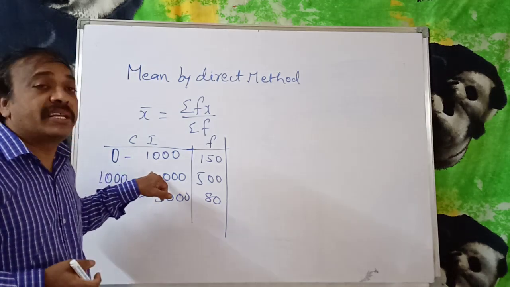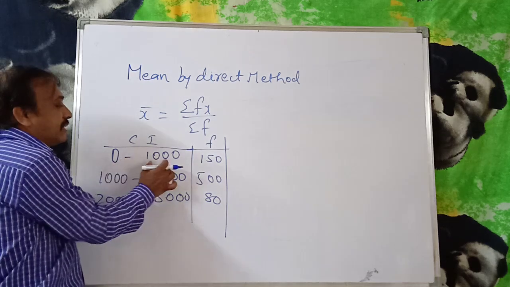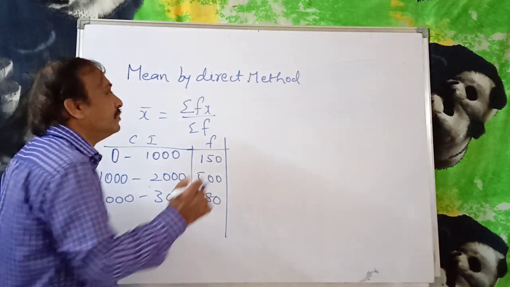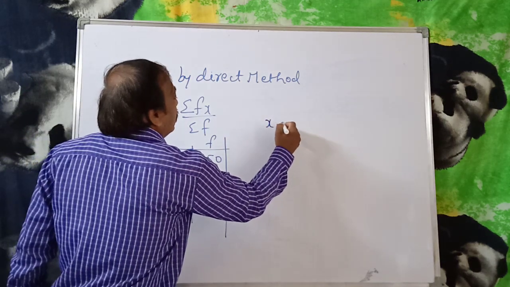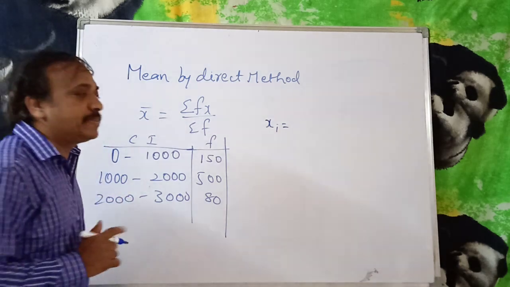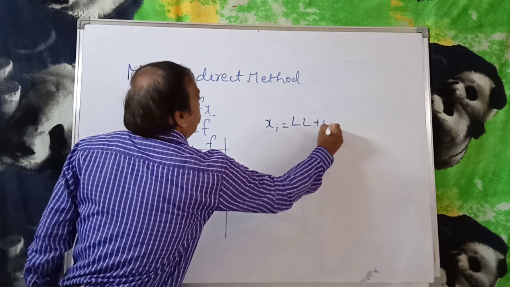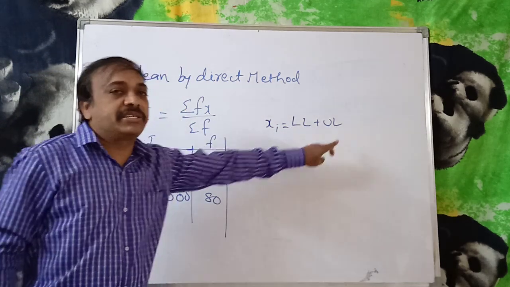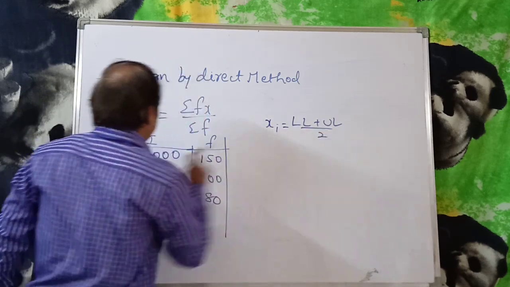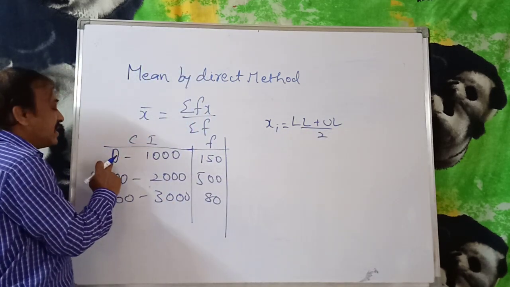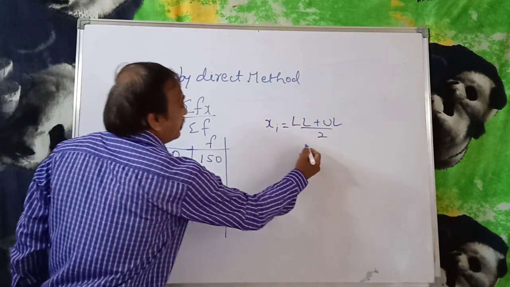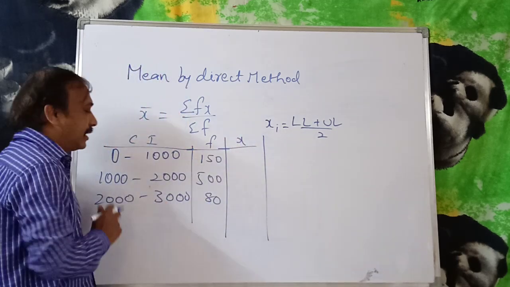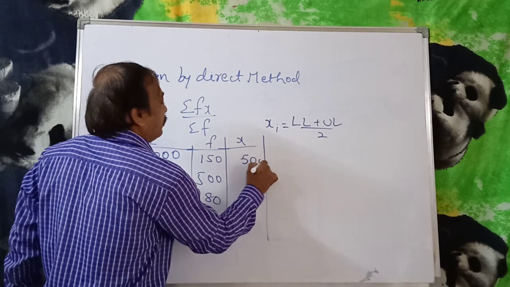When you find the class mark of this data for each class interval, how do we obtain the class mark? Lower limit plus upper limit by 2. So class mark xi is lower limit plus upper limit by 2. For 0 to 1000, 0 plus 1000 divided by 2 gives 500.